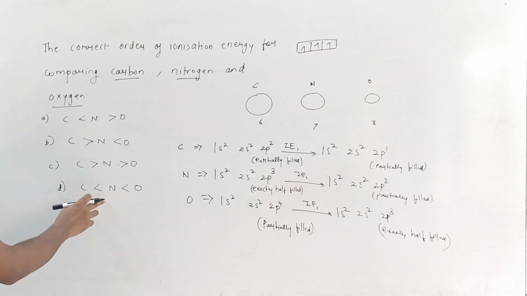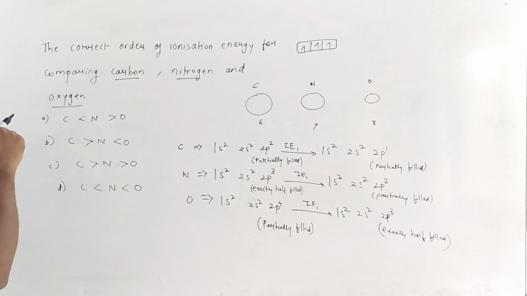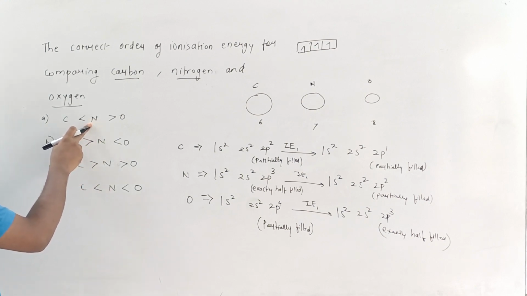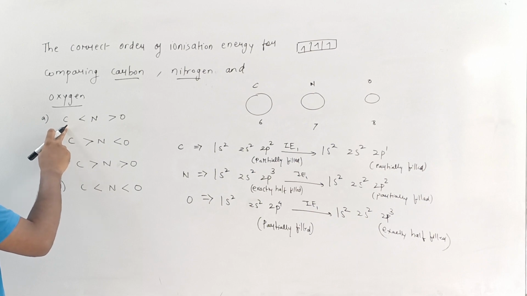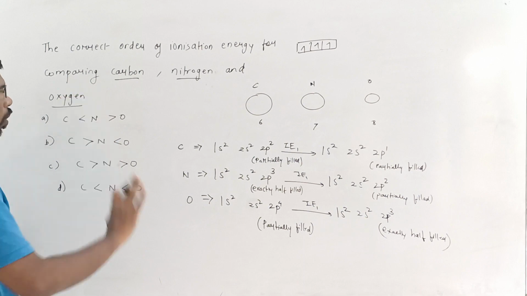So nitrogen will have higher ionization enthalpy than carbon. Okay, and it will also have higher ionization enthalpy than oxygen.